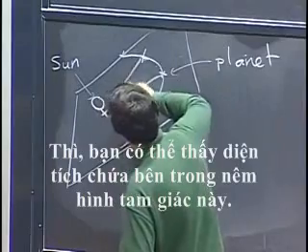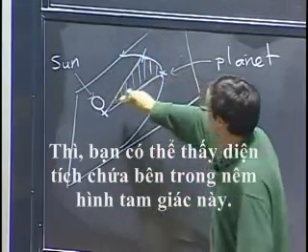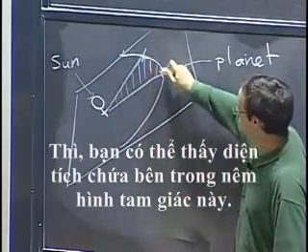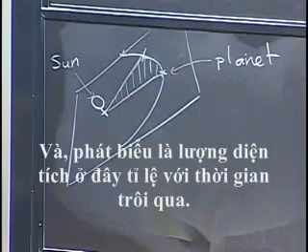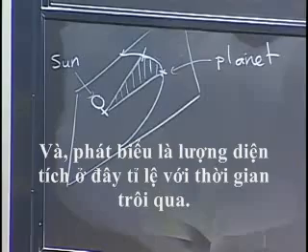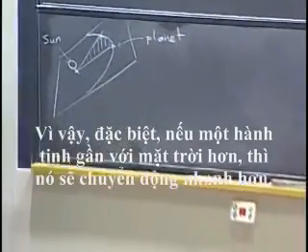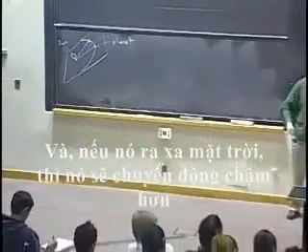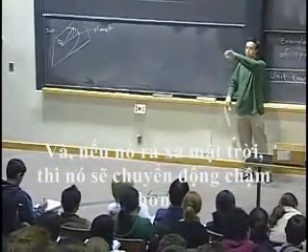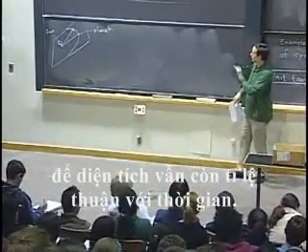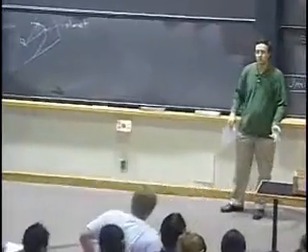Then you can look at the amount of area inside this triangular wedge. And the claim is that the amount of area in here is proportional to the time elapsed. So in particular, if the planet is closer to the sun, then it has to go faster. And if it's further away from the sun, then it has to go slower, so that the area remains proportional to time.